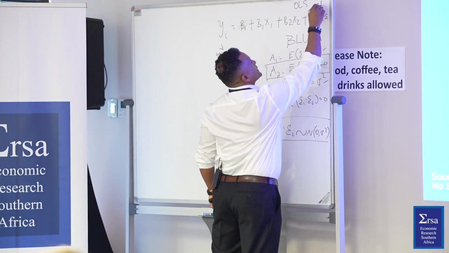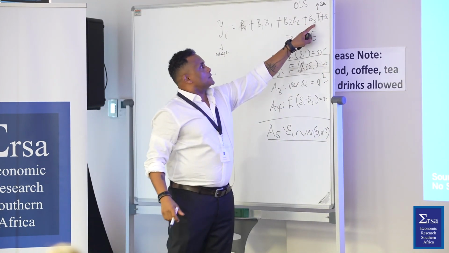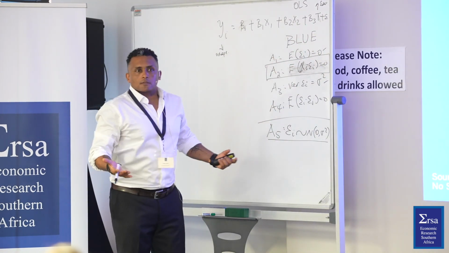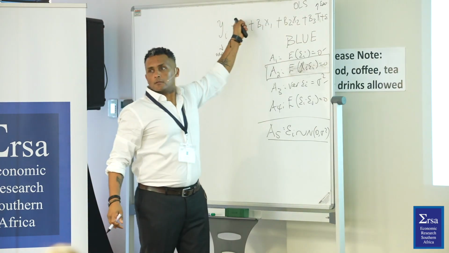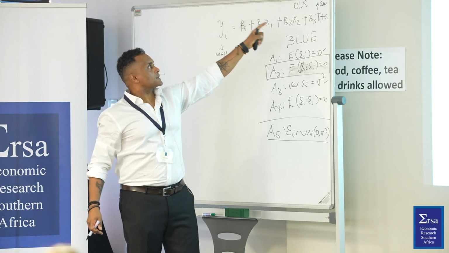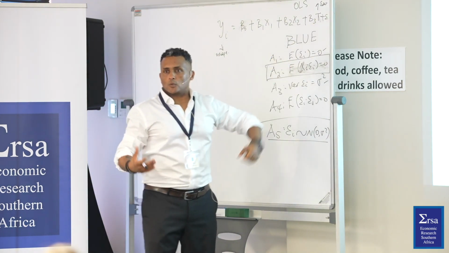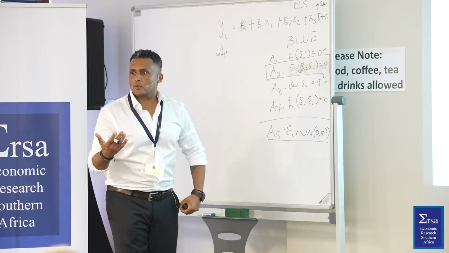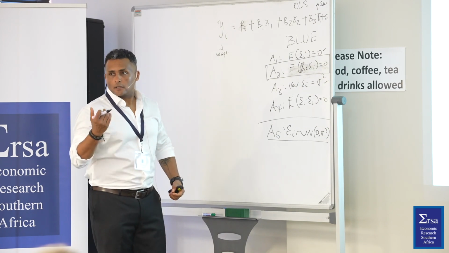Let's call it education, this T. Can you collect 1,000 individuals' wage data and then say that this is the impact of education on wage? No, because education here is capturing not only years of schooling, but also other factors that affect education.